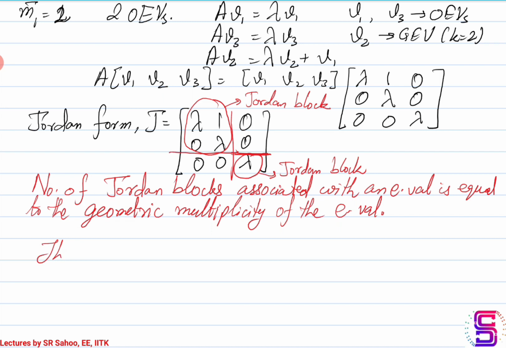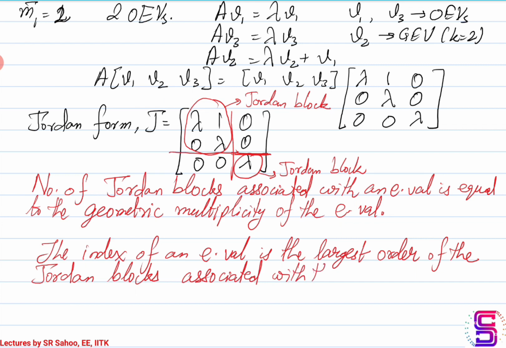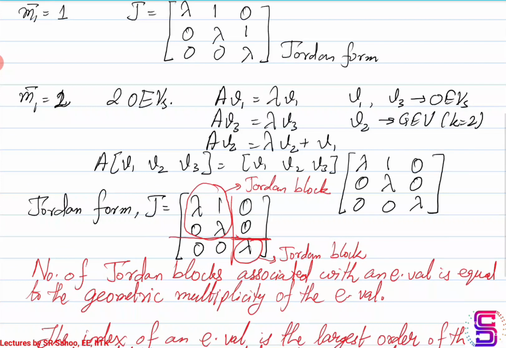There is another thing known as the index. The index of an eigenvalue is the largest order of the Jordan blocks associated with the eigenvalue.